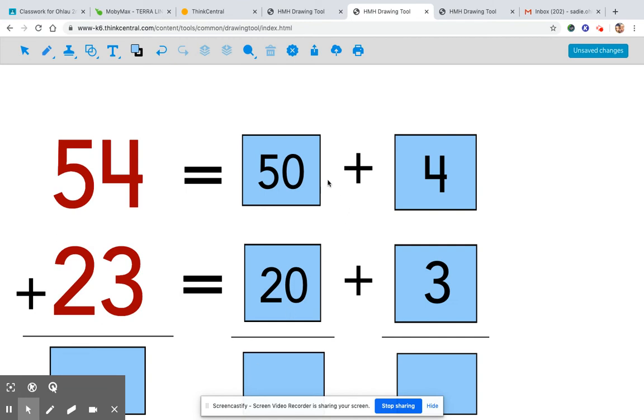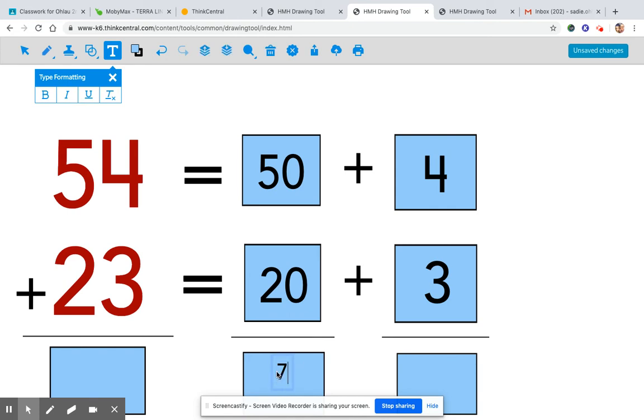Now what we're going to do is add both of these numbers. I have 2 addition problems here, okay? So let's start with 50 plus 20. If I have 5 tens plus 2 tens, how many tens am I going to have total? I will have 7 tens or 70.